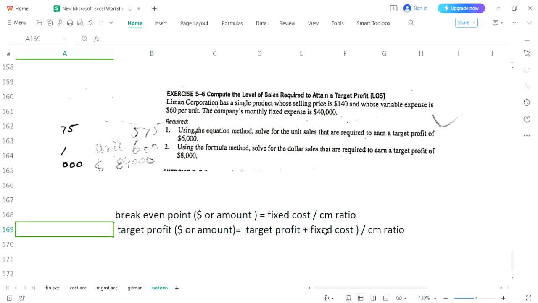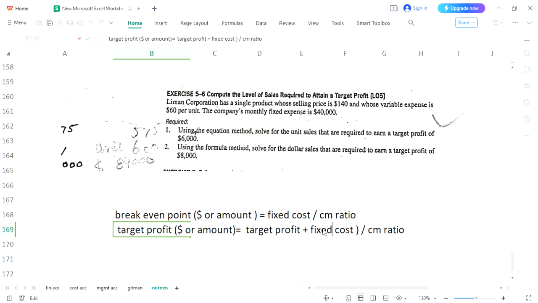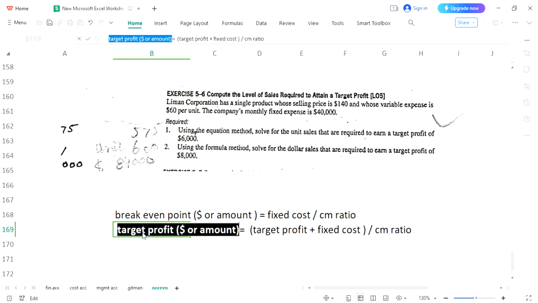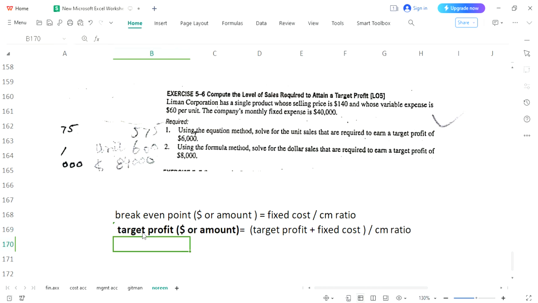So you may see that our heading was different, but we have used the same formula for part 2. Now read it using the formula method. This is your formula for target profit, and the same formula was asked in the question. He wants us to solve the dollar sales that are required to earn a target profit of 8,000. We will apply this formula and will get our requirement back.